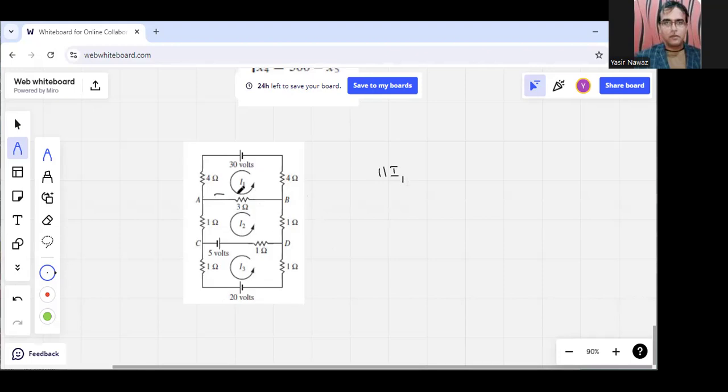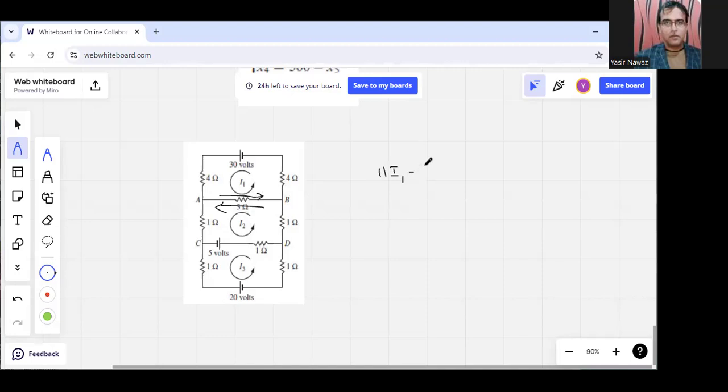Here, look at that. Here current is going in this direction. In this wire, for I1, it is going in this way. But for I2 in this wire, it is going in this way, because I2 is also flowing in this wire. So because they have opposite directions, I will use a negative sign with I2.